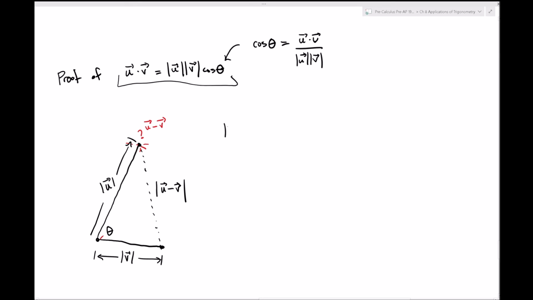So the magnitude of U minus V squared, that's c squared, is equal to a squared plus b squared. In this case, the magnitude of U squared plus the magnitude of V squared, minus 2 times a times b, the magnitude of U times the magnitude of V, times cosine theta.